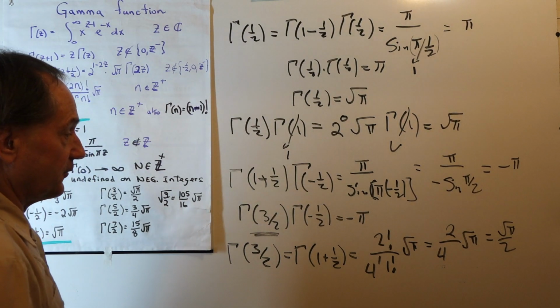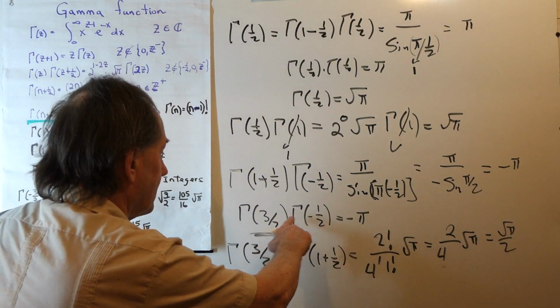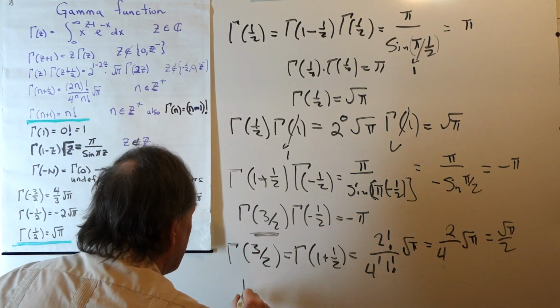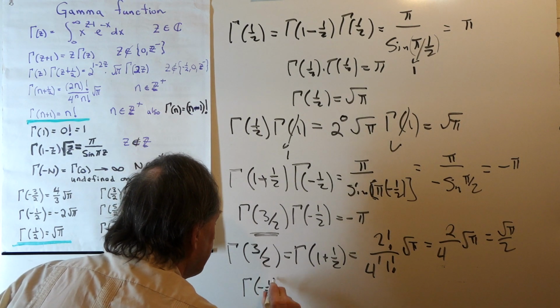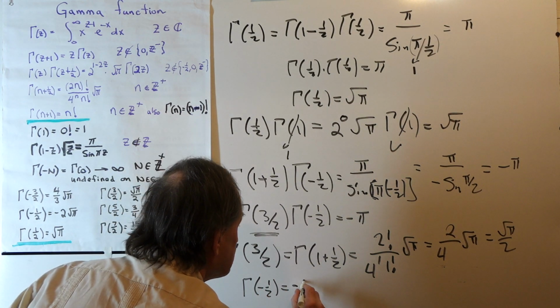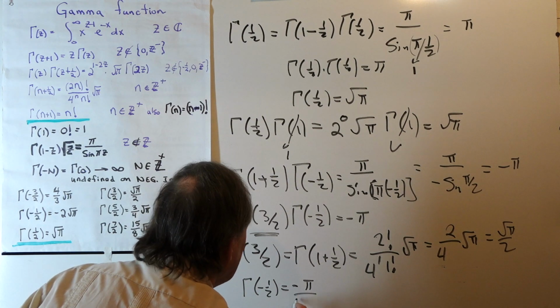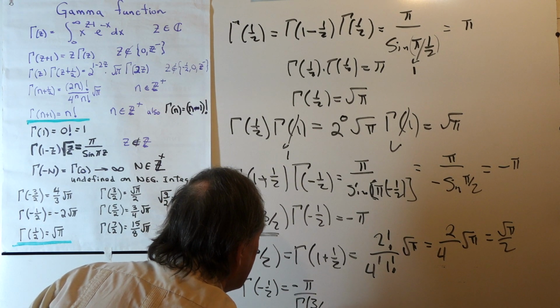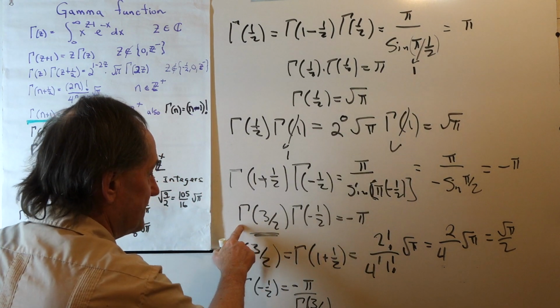That's gamma of 3/2. Well, solving for gamma of minus 1/2 is minus pi divided by gamma of 3/2 from this equation.